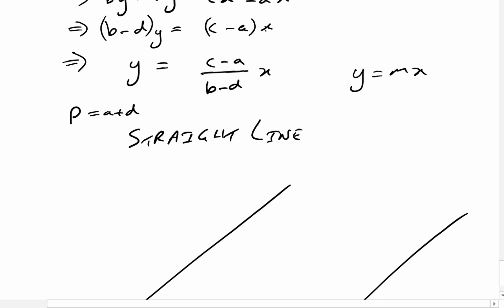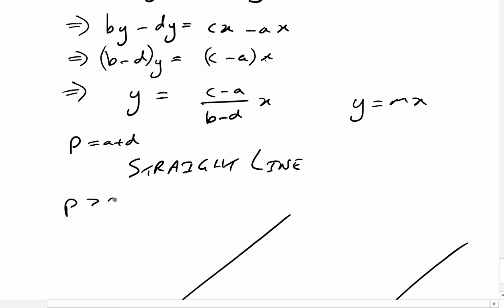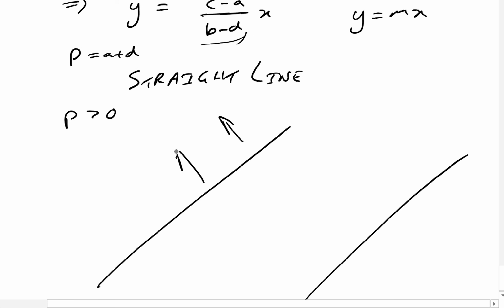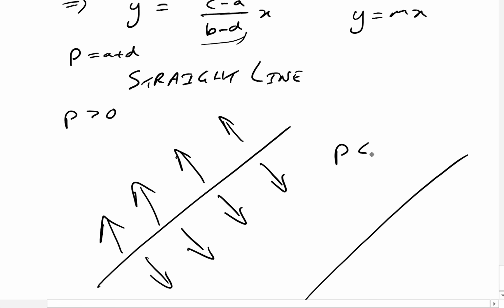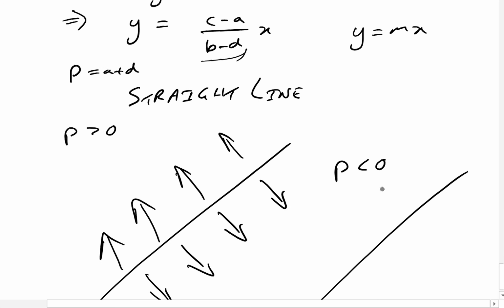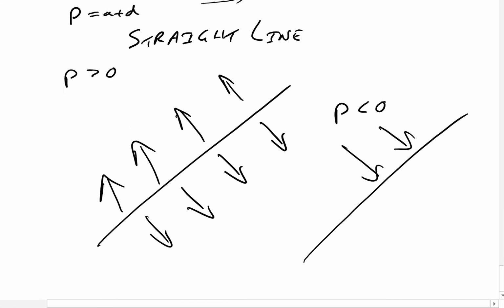If P is greater than 0, I end up with a negative gradient, so I'm being pulled away from this line in both directions. And if P is less than 0, I end up with a positive number here, so I'm being pulled down by this.